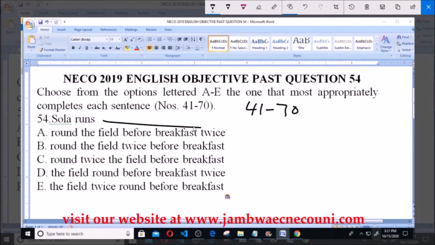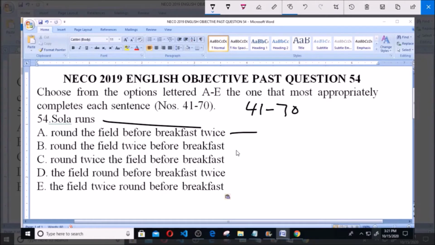Option A, run the field before breakfast twice. B, run the field twice before breakfast. C, run twice the field before breakfast. D, the field ran before breakfast twice. Option E, the field twice ran before breakfast.